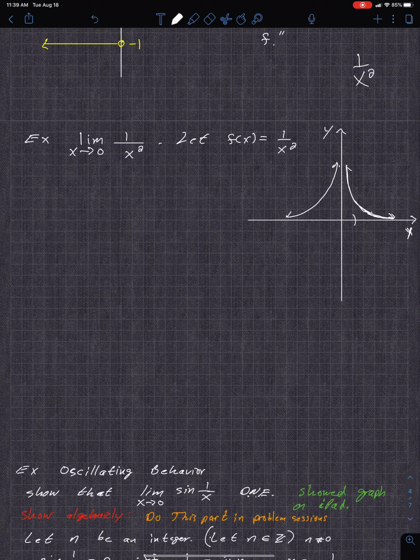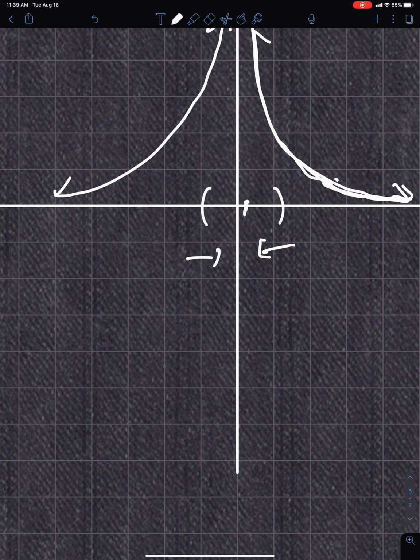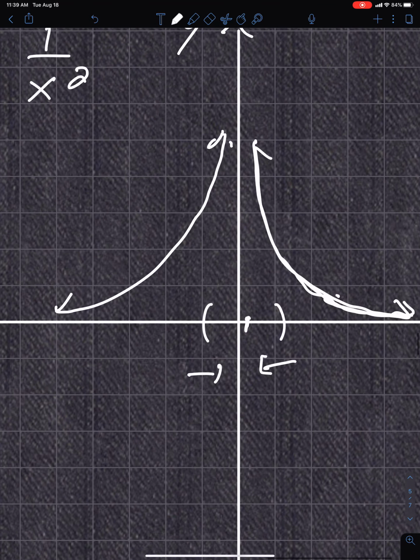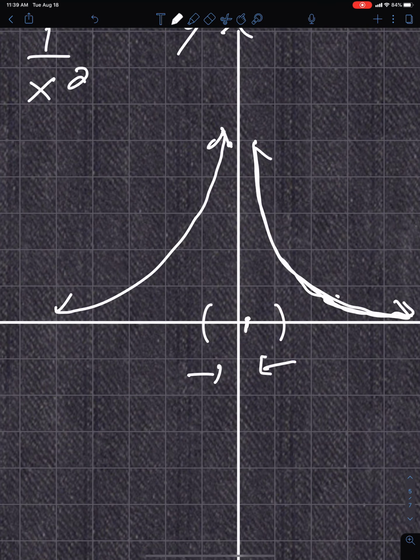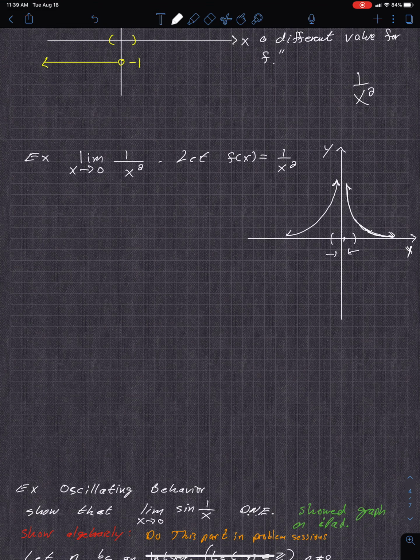And so what's happening as we approach on either side? What's happening to the function? So if you substitute in values like 0.0001 over here, the function, you flip that, right? So you get 1 followed by zeros. So it's getting very large. So this is approaching infinity is what it's doing, right? So that's another type of limit we'll talk about.